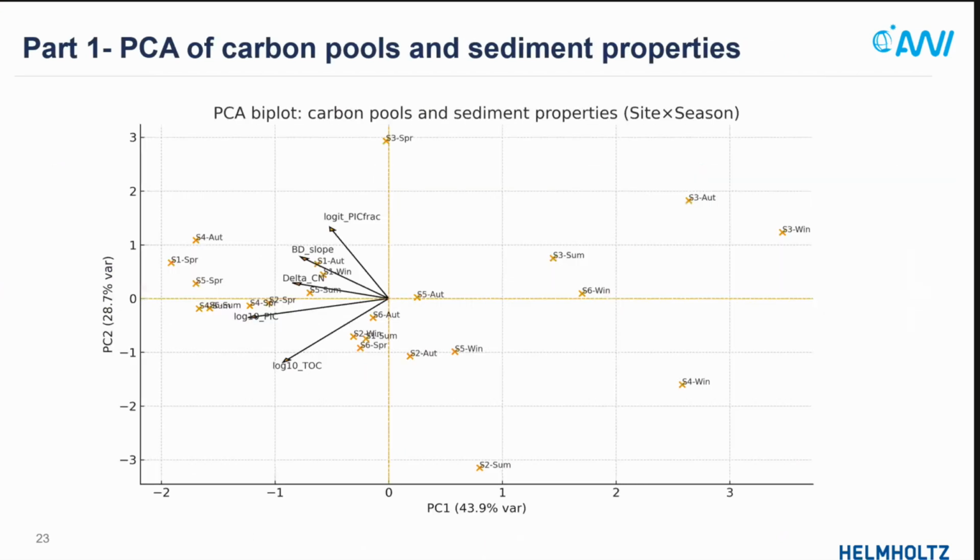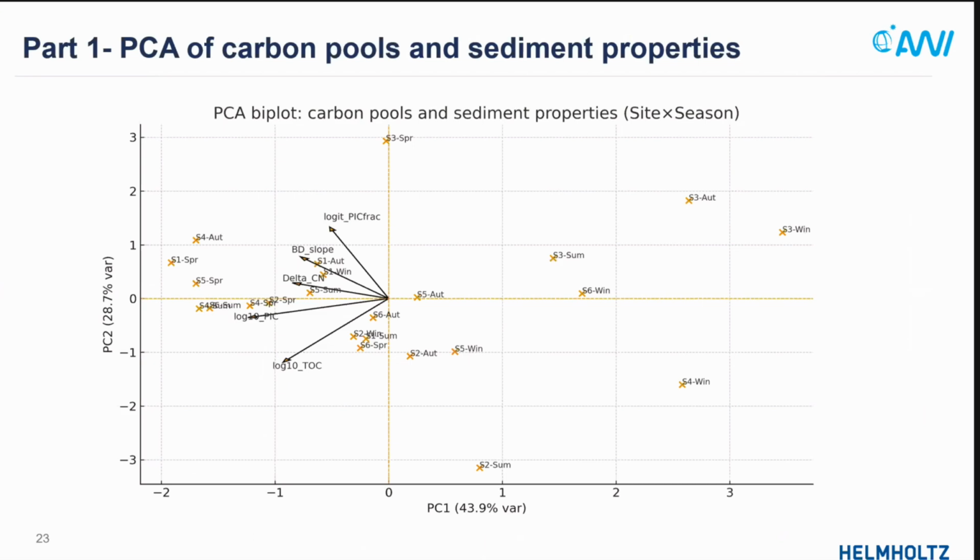So we did a PCA analysis to understand all these variables and how they affect each other. The x-axis basically shows how much carbon is present overall, so the left side from zero shows a higher amount of inorganic or organic carbon, and the y-axis shows what kind of carbon.